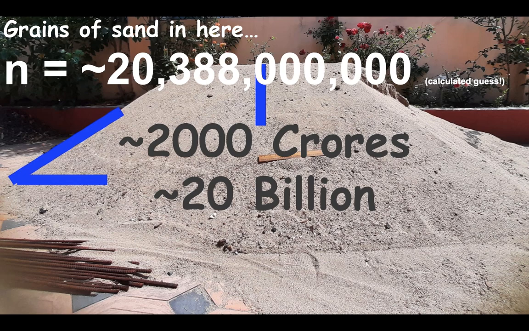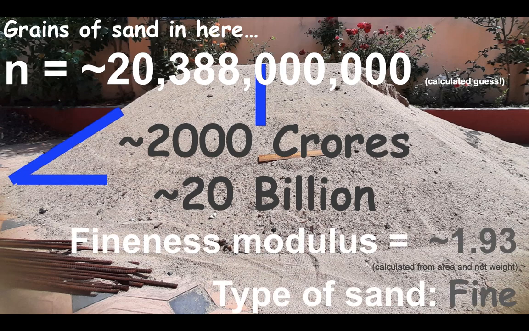I hope you enjoyed this video, and before I end, I also want to mention that the fineness modulus for these grains of sand was around 1.93. It's a bit lower than 2, but this could be considered a fine grade sand, and this was based on the area of the grains of sand seen in the images and not the actual weight of the grains of sand that is traditionally measured using the sieve method.